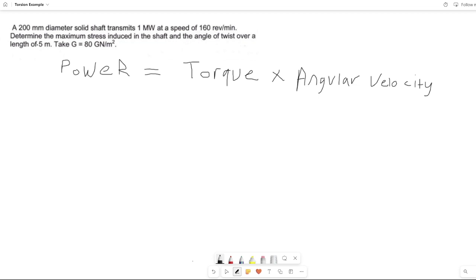So the first step of this question is to calculate the power.